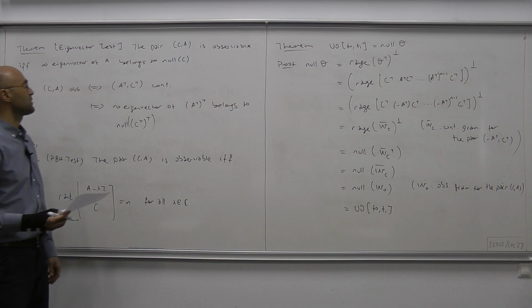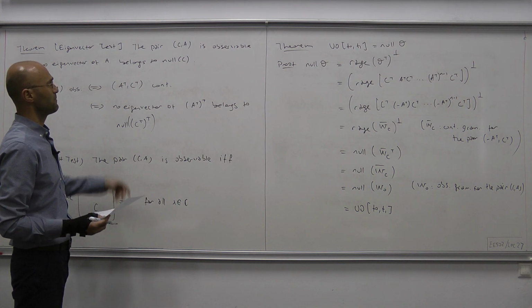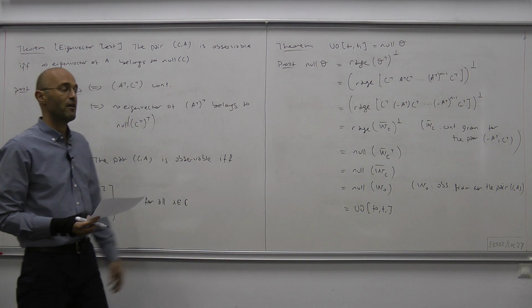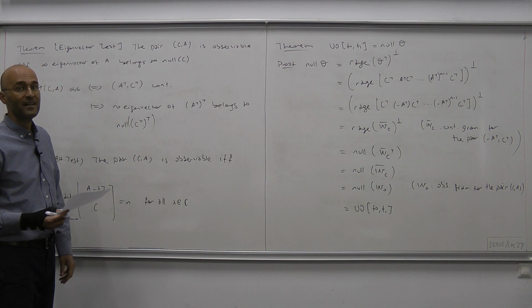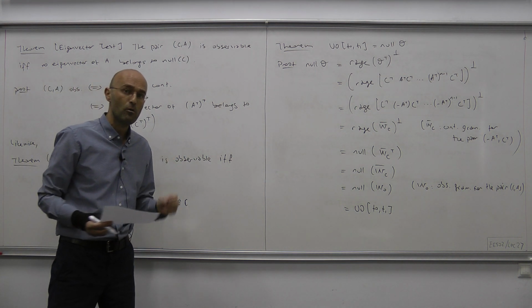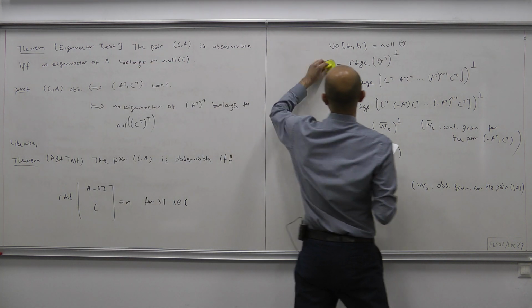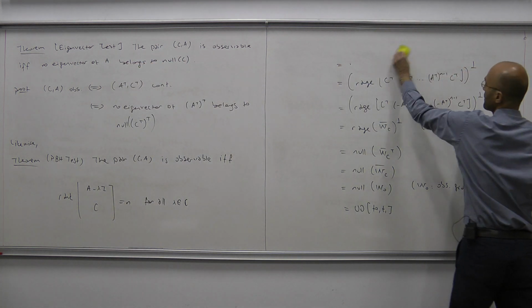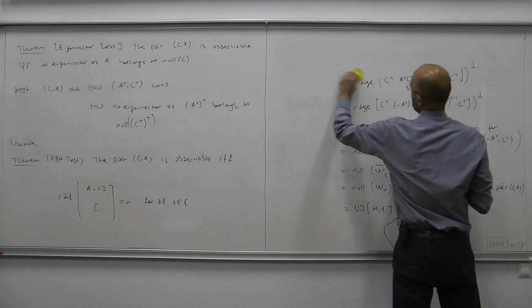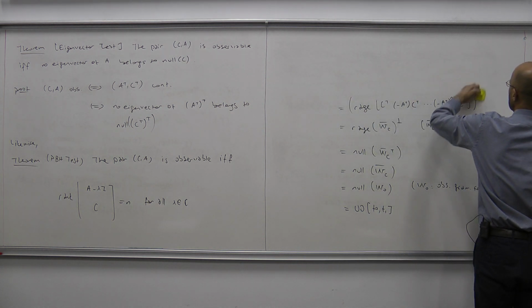Now, what else can we say about observability? To answer that question, we have to remember what other theorems we had for controllability. We have the Lyapunov test for controllability, which is valid for exponentially stable systems. So let's dualize that nice theorem to observability.